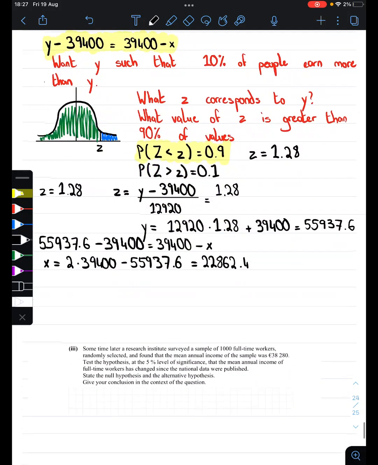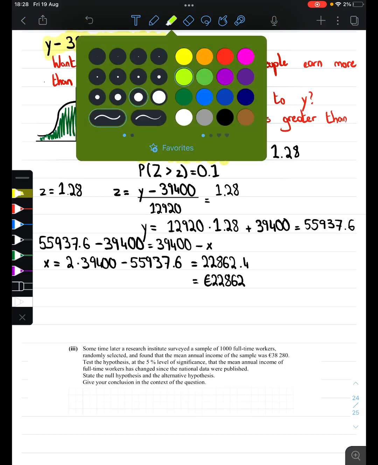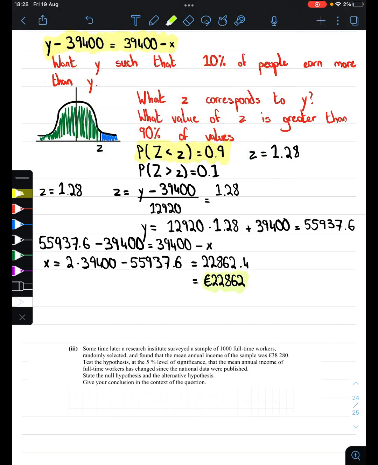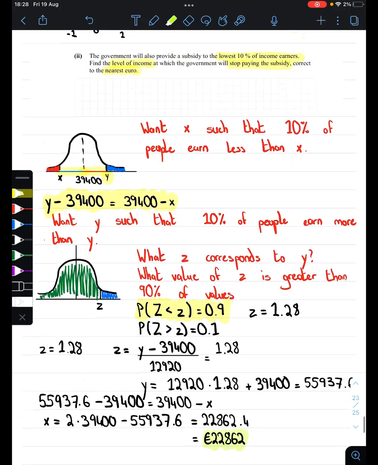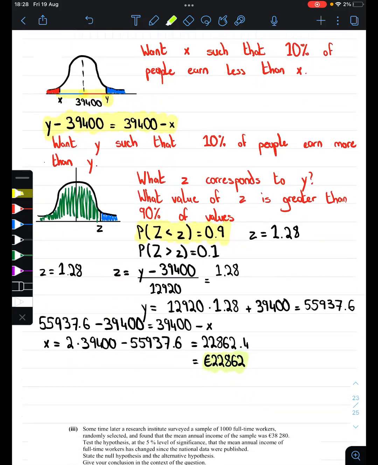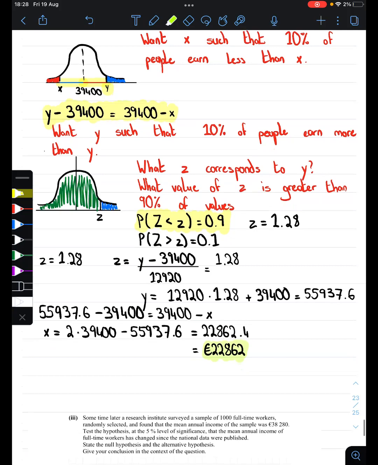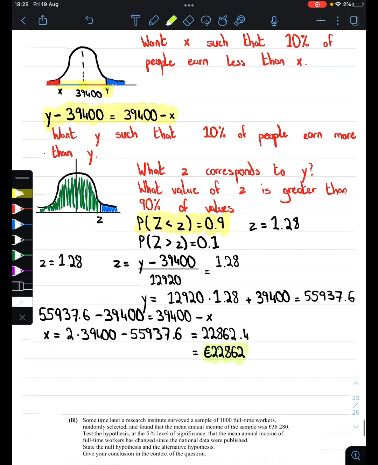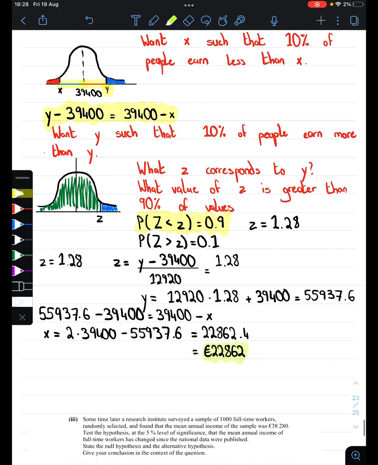They said to the nearest euro, so 22,862 euro. So anyone who earns less than or equal to 22,862 euro will get this subsidy.